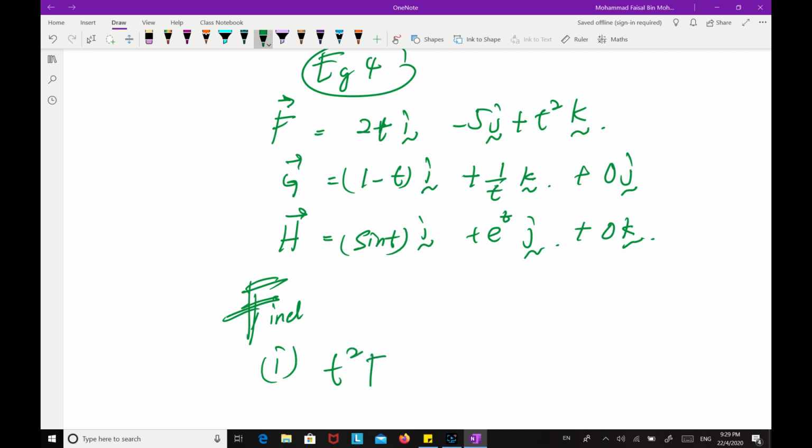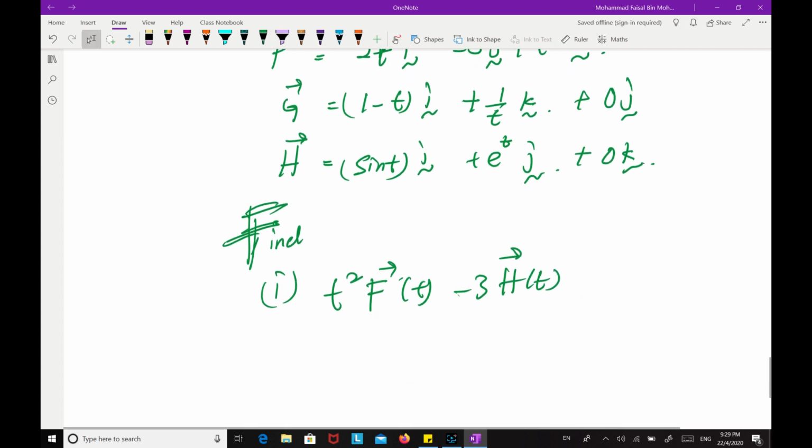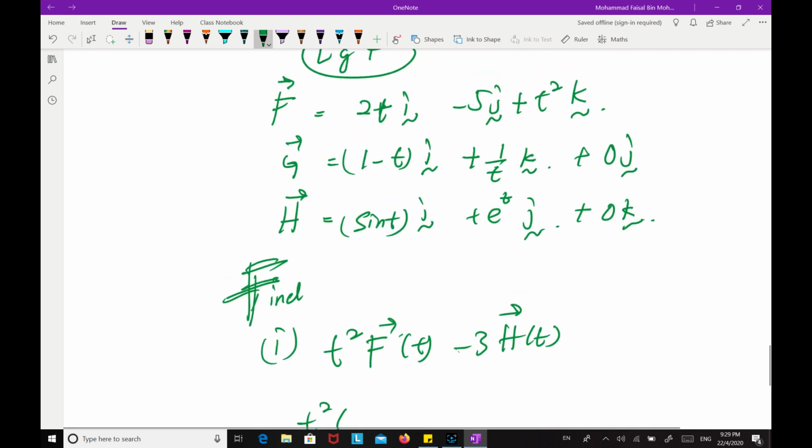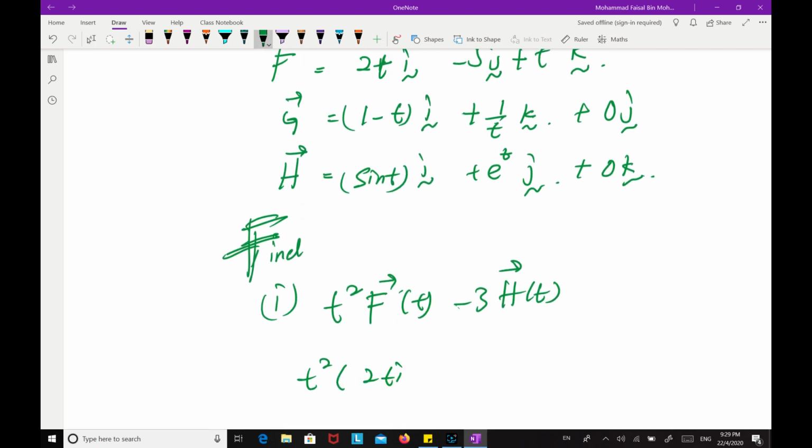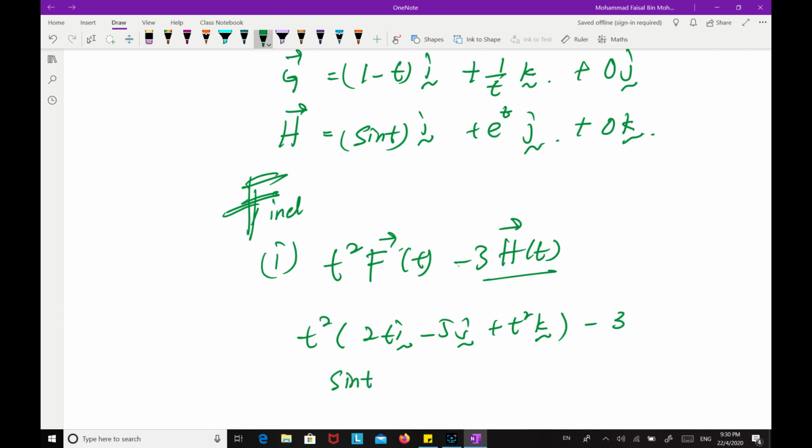t squared f(t) minus 3h(t). Okay, this is nothing, this is just t squared times with the f, given f, that is 2t i minus 5j plus t squared k, minus 3h(t). h(t) will be sine t i, you have to put the bracket, plus e to the power of t j.